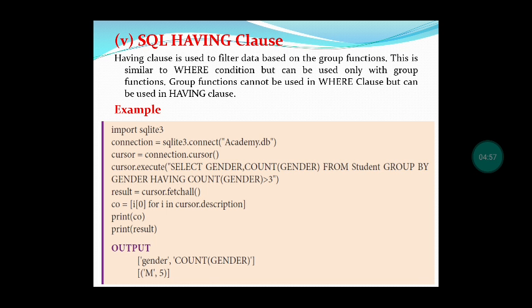That is, count greater than 3 alone will be displayed. So we got the output gender, count of gender, M comma 5, because female is 2 only. Here we used the having clause with the condition count of gender greater than 3, so M alone is displayed. So these are all the clauses we have used in SQL.